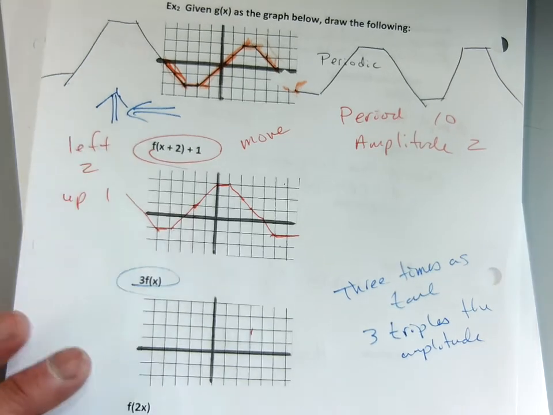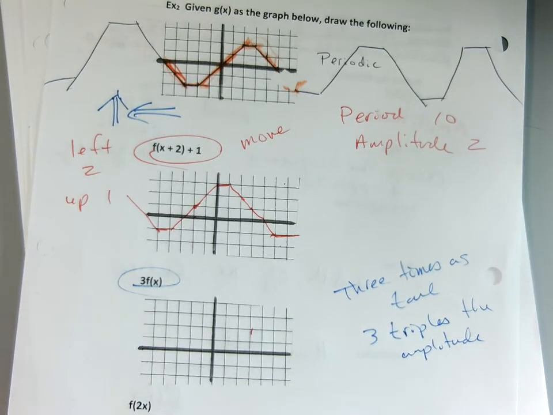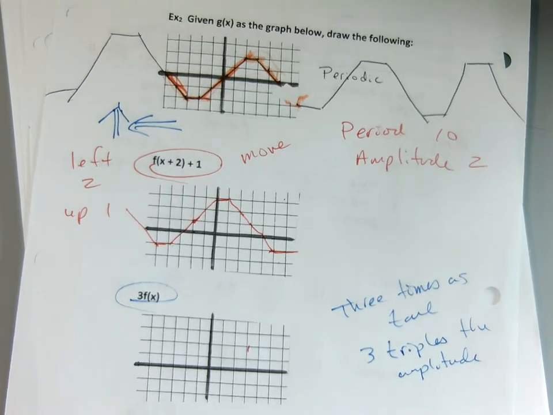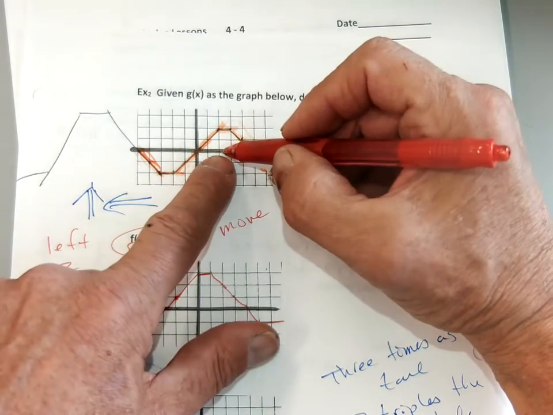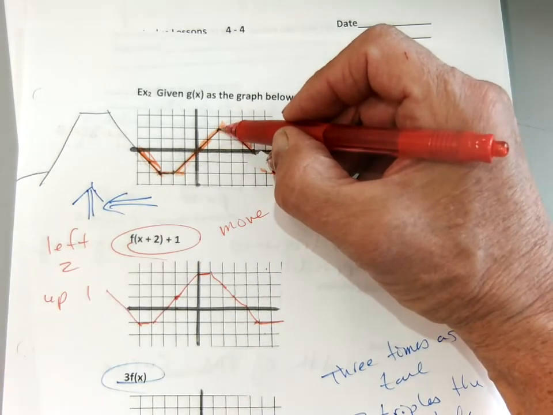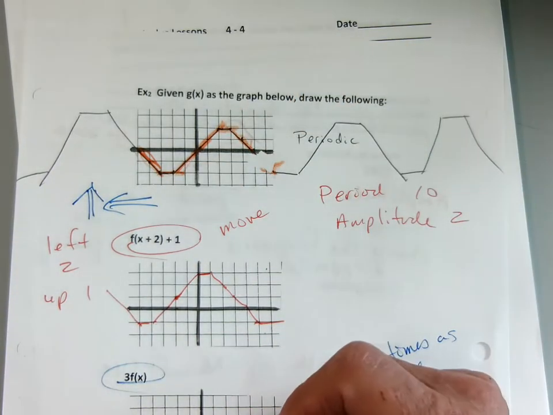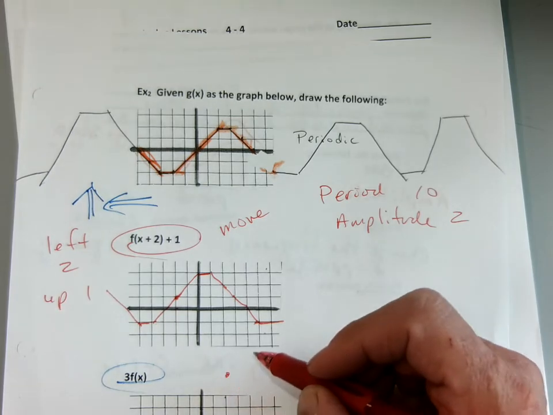Okay, so let's see if I can graph that. Outside is amplitude, inside is frequency. So this graph just has to go three times as tall. So this point here, which is at 2, is now going to go up to 6, right? So 2, 4, 6.